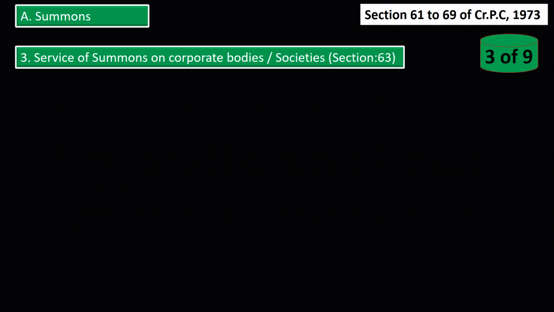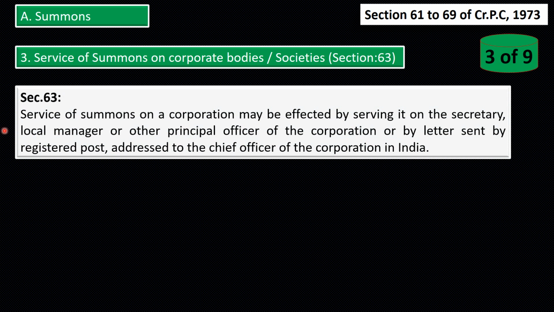Third point of summons, service of summons on corporate bodies or societies. Section 63 provides that service of summons on a corporation may be effected by serving it on the secretary, local manager, or principal officer of the corporation, or by letter sent by registered post addressed to the chief officer of the corporation in India.